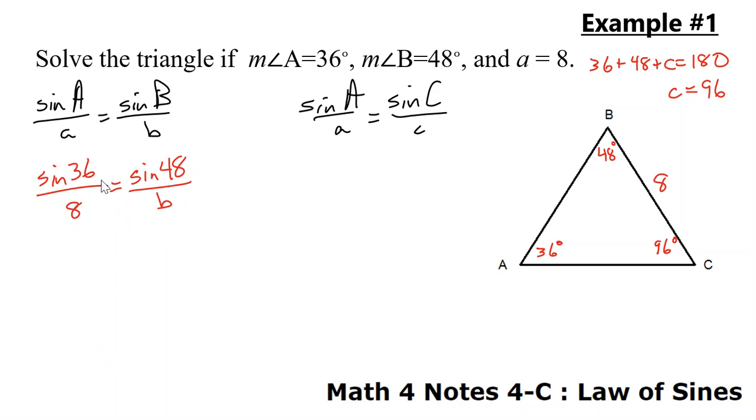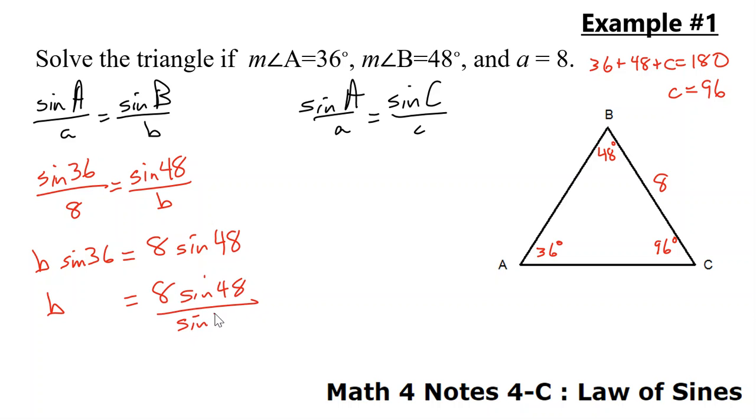So now we're going to cross multiply. We're going to say b times sine 36 equals 8 times sine 48. If I want b by itself, I'm going to divide both sides by sine 36, which is going to look like that. And then I'm going to figure out what b is.